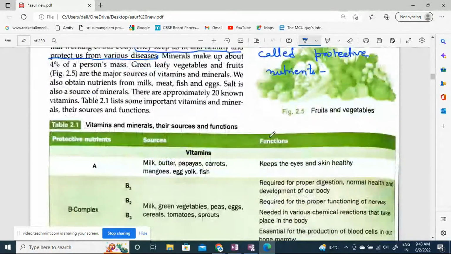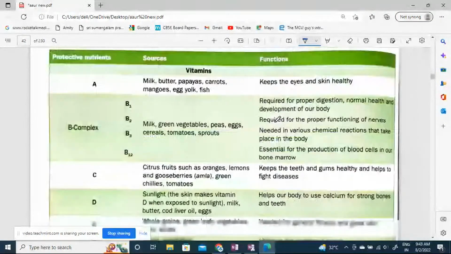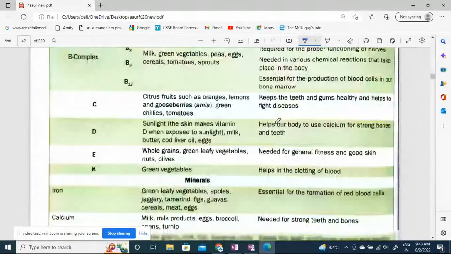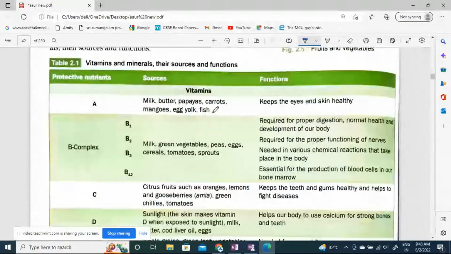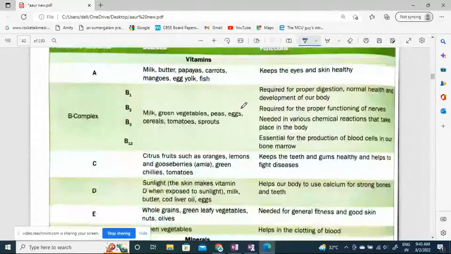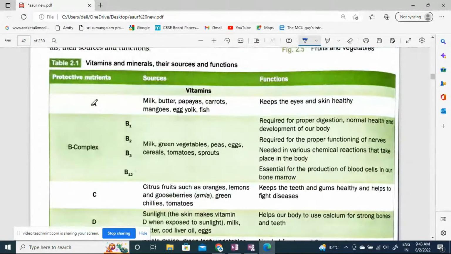There are different types of vitamins: vitamin A, vitamin B, vitamin C, D, and this table is very important because lots of MCQs can be made using this table. Vitamin A is needed for healthy eyes and skin.